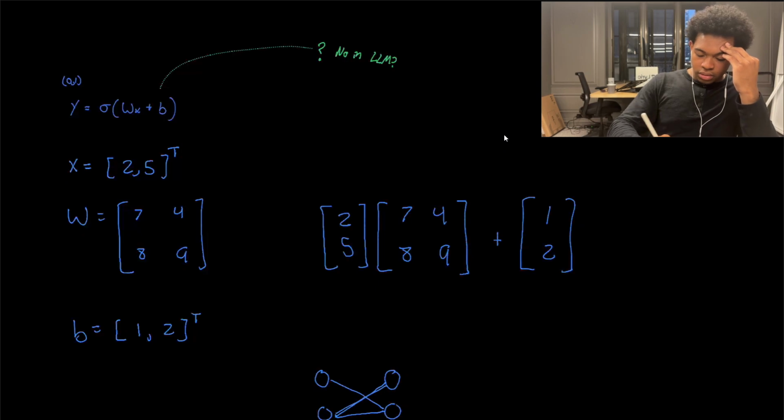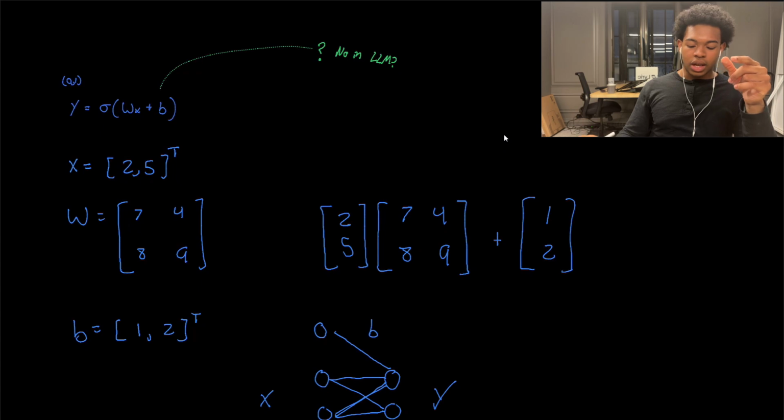Nope. What connection am I missing? Okay. So this is X. This is, oh, and then we're missing B. So we're going to do this. And then this is W, and then this is B, and then this is Y. And what we're missing is an activation.